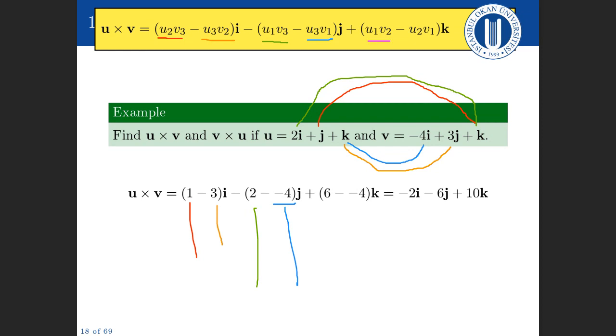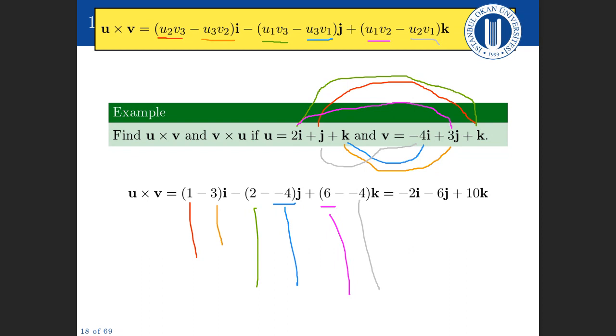The fifth number is u1 v2. u1 is 2 and v2 is 3. 2 multiplied by 3 gives us 6. And then the sixth number is u2 v1. u2 is 1 and v1 is minus 4.